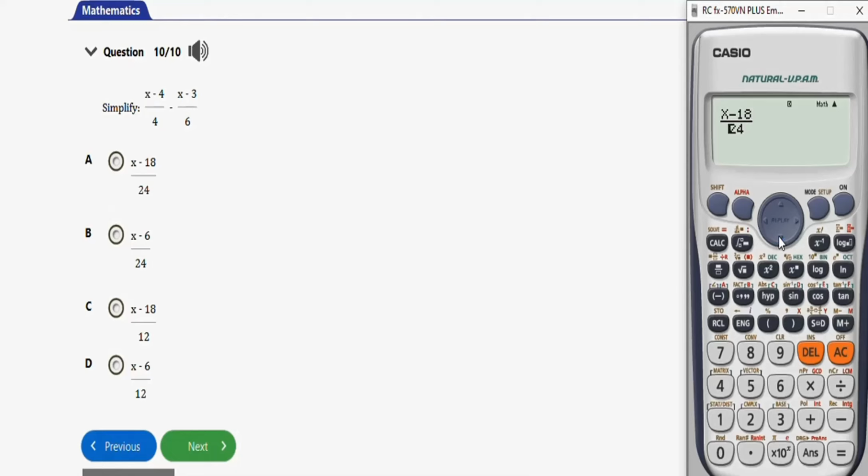Come down and put 12 here. Alright. No, so it has to be option D. Put 6 here. Exactly, minus 1 over 3. So the right option is option D.